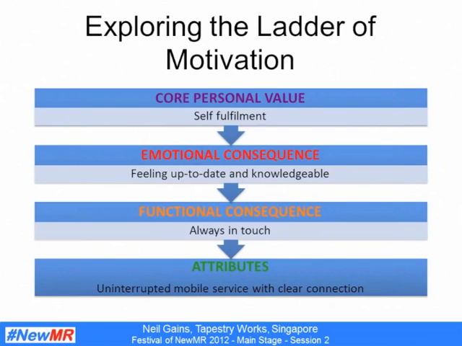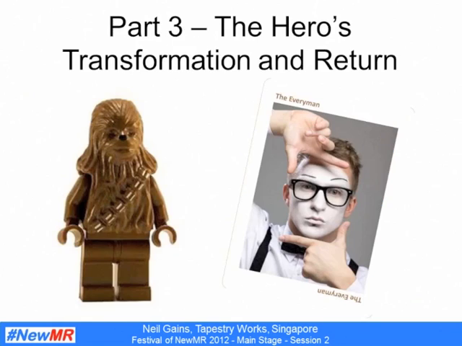So it's actually about self-fulfillment, their ability to do what they want to do in their lives, which in this case was generally a group of relatively more ambitious people.